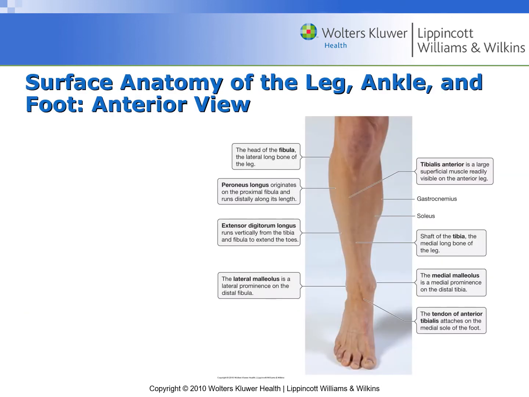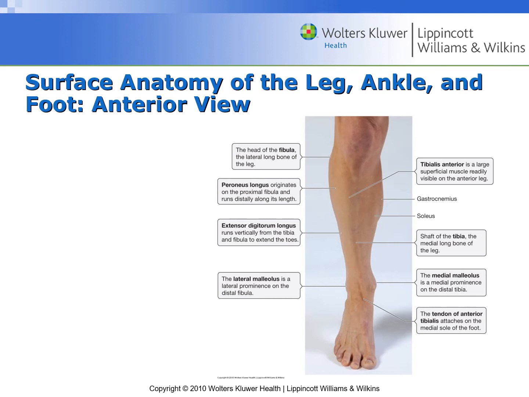We begin today's lecture by taking a look at the surface anatomy of the leg, ankle, and foot from an anterior view. Most superiorly, from the left-hand side, we see the head of the fibula, the lateral long bone of the leg.